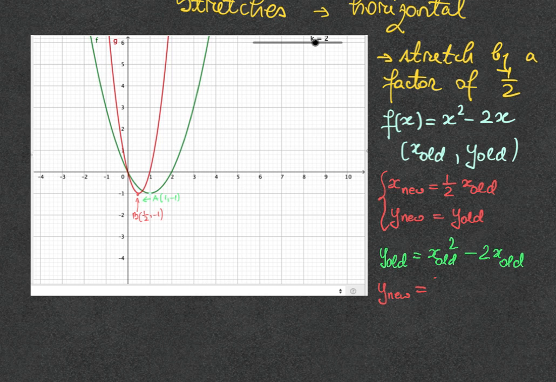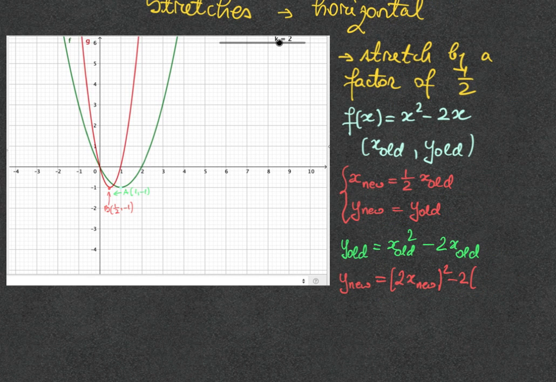But x old is 2 times x new. And the other x old is the same, 2 times x new. So see how your new graph, let's call it g of x, which is y new, is actually f of 2x. Instead of x, we have 2x.